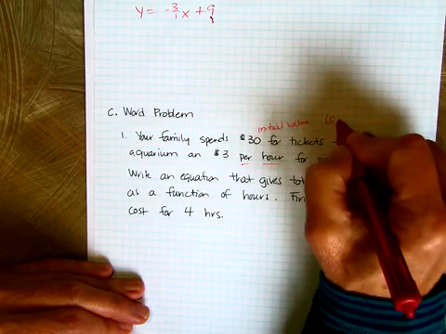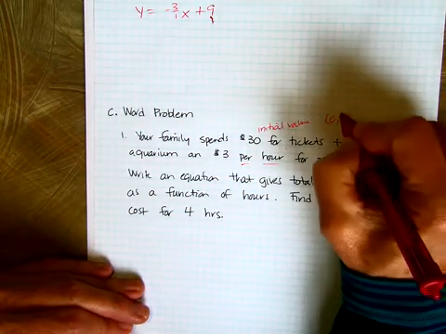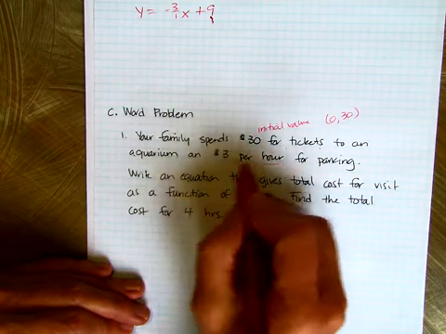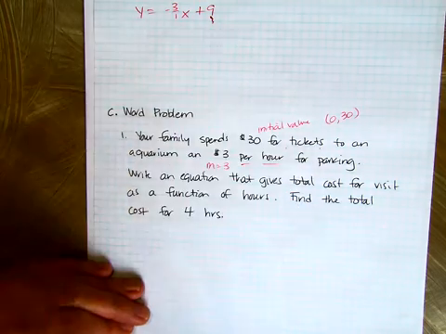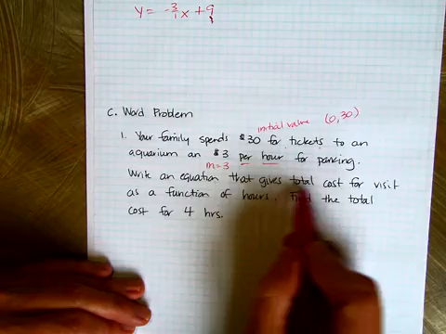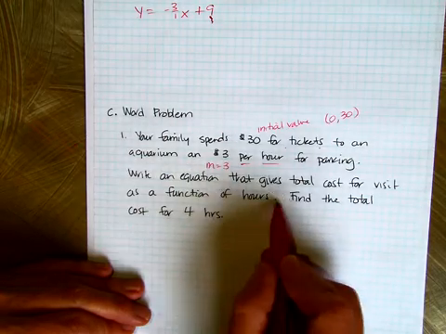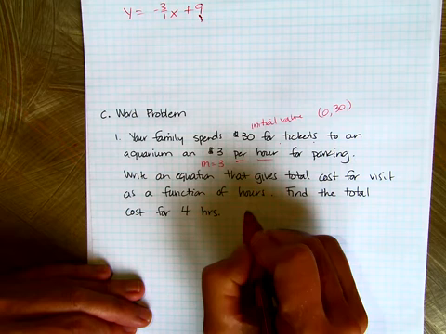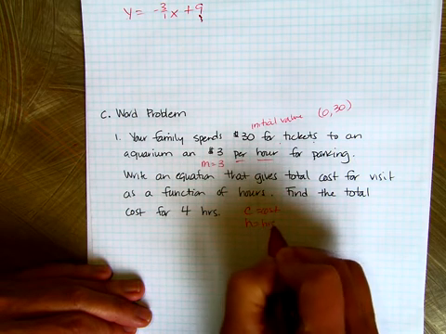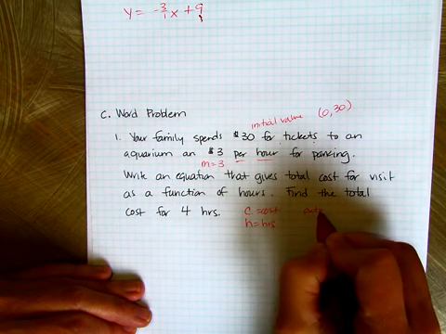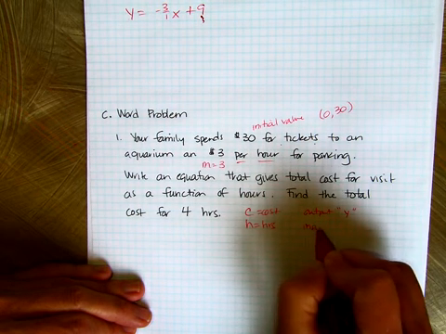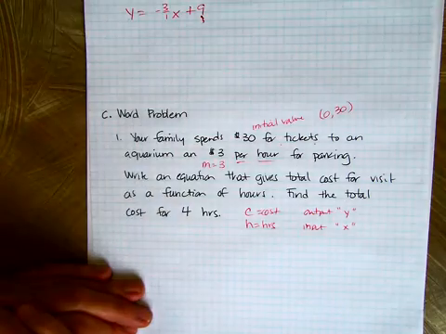That's even if you didn't park for any time, you still paid $30. And here's your $3 per hour. That's your slope. So write an equation that gives total cost for visit as a function of hours. So C equals cost, H equals hours. So there's my output, or my Y. Here's my input, or my X.